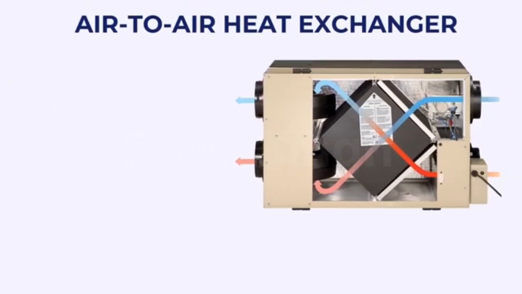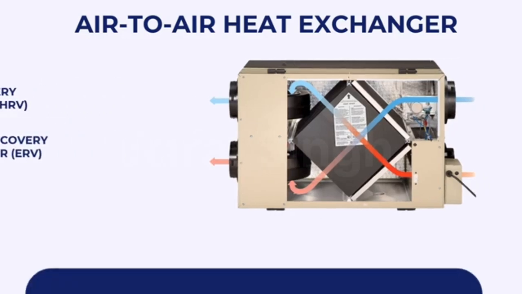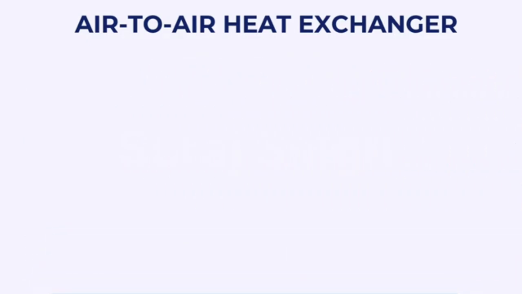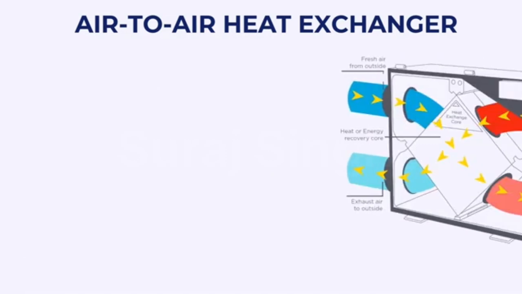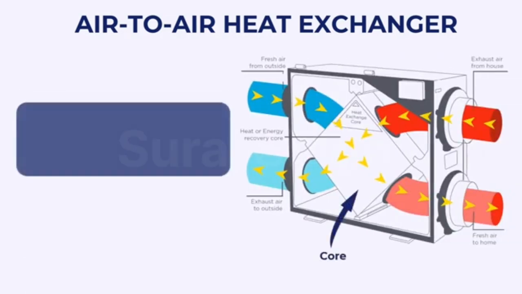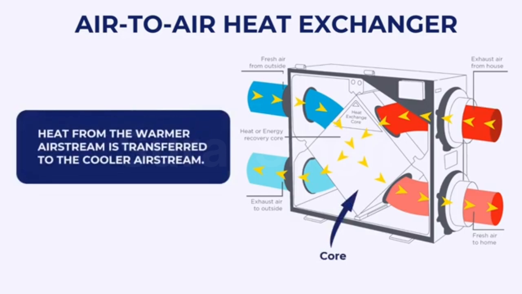Air-to-air heat exchanger. An air-to-air heat exchanger, also known as a heat recovery ventilator (HRV) or energy recovery ventilator (ERV), is a device designed to transfer heat energy from one airstream to another within a confined space. As the air passes through the heat exchanger core, heat from the warmer airstream is transferred to the cooler airstream.